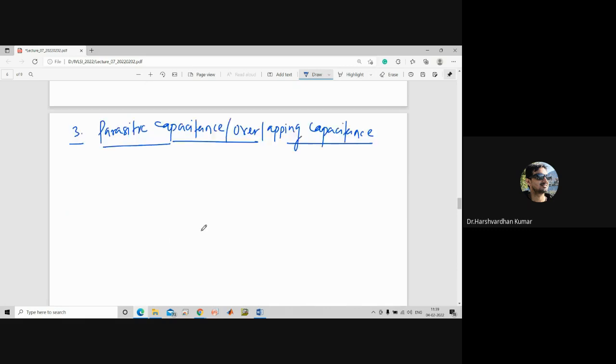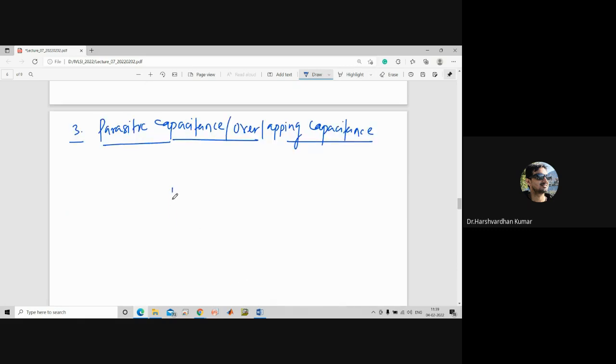So let us draw the structure first, then we can conclude here. The structure will be like that. During the etching of the device, there will be overlapping, because we cannot exactly remove the SiO2 from the top of the device. This is P-type, n plus, and here, because initially we always implement the SiO2 layer on the top of the device. After that, we etch, and then we form the oxide layer for the gate.